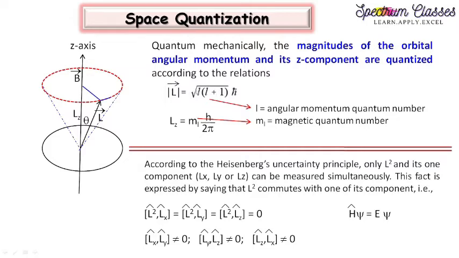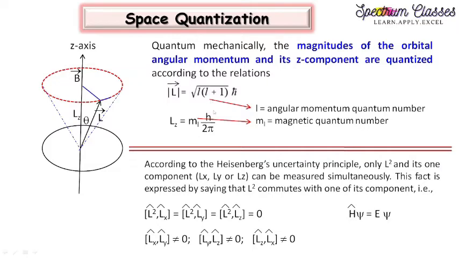Just see L square. L square has the value l(l+1) h cross square. If we want the value of L, then we take the square root of this, so L has the value square root of l(l+1) h cross, right? And this component has the value m_l h cross.